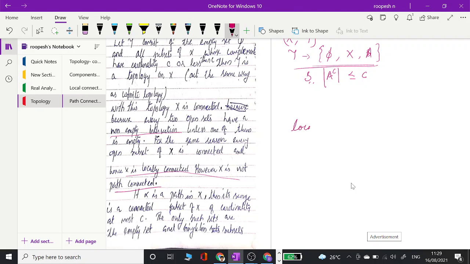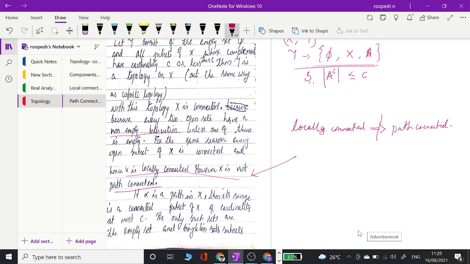So locally connected does not imply path connected, right? So we have a locally connected space that is not path connected. This is the space here.